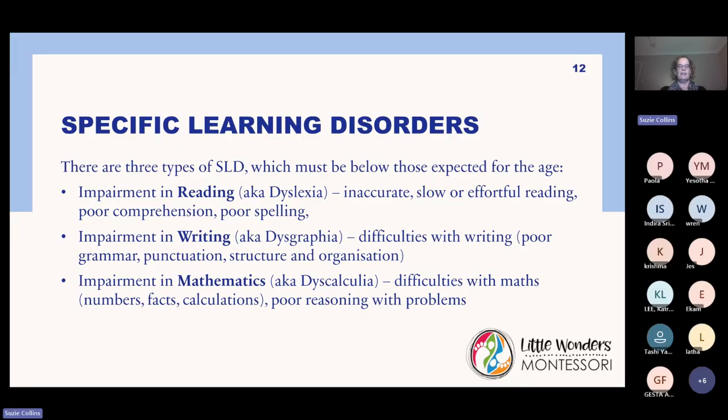The second one I mentioned was dysgraphia, but again, that is now known as an impairment in writing. It usually presents as difficulties with writing, and that includes both poor grammar or punctuation, but also poor structure and organisation. So how well they can structure their sentences, how well they can structure their paragraphs or their essays. But we also have to make sure that the child's been exposed to the teaching that goes with that.